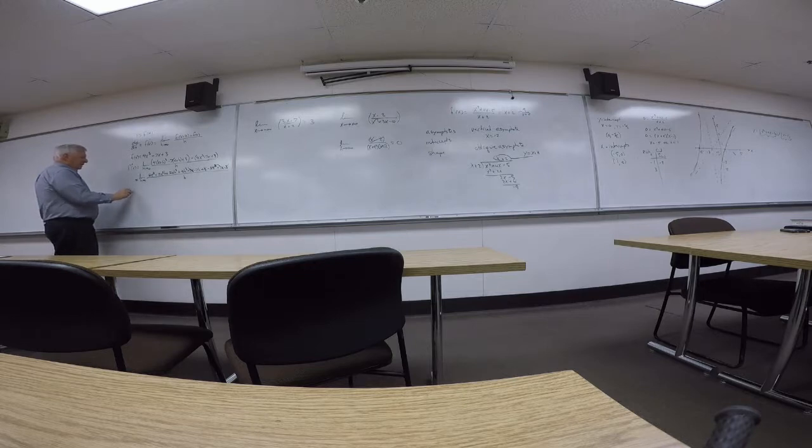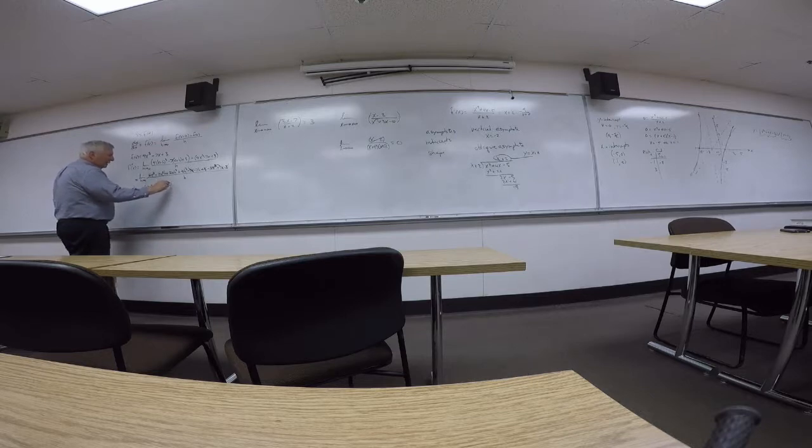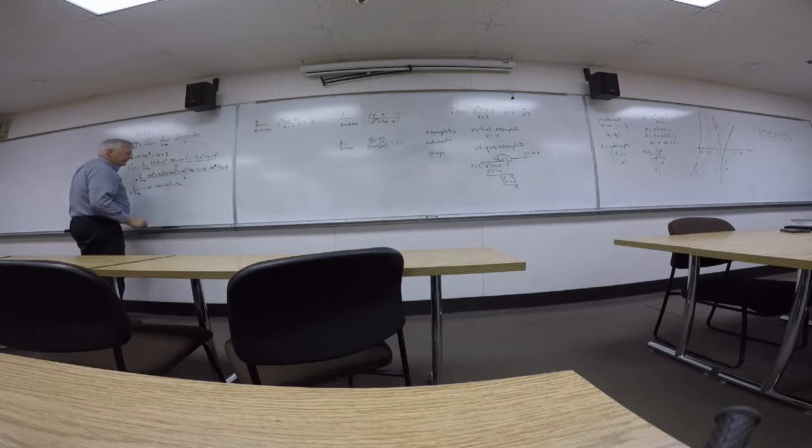Equals, factoring in h as I go, the limit as h goes to 0 of h times (12x squared plus 12xh plus 4h squared minus 7) over h.